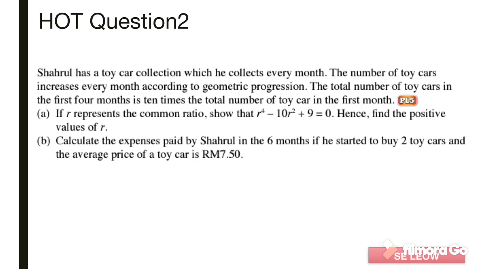So, identify the keywords. A, if r represents a common ratio, show that r^4 minus 10r squared plus 9 equal to 0. Hence, find the positive values of r. And B, calculate the expenses paid by Cheryl in the 6 months if she started by buying 2 toy cars and the average price of a toy car is 7 ringgit 50 cents.